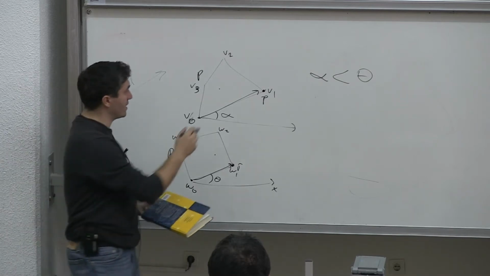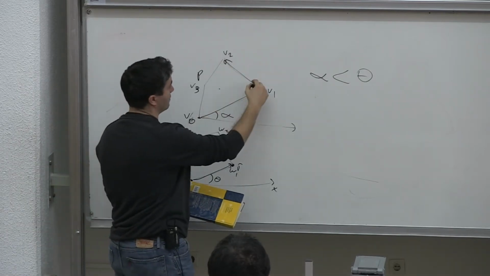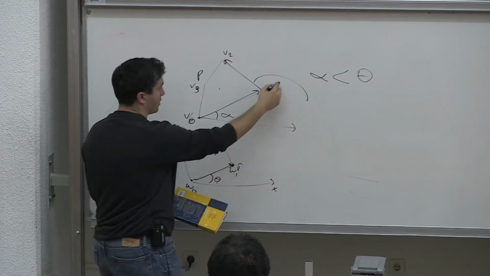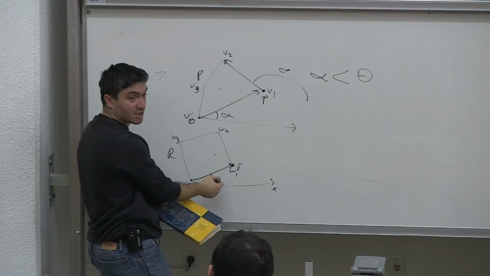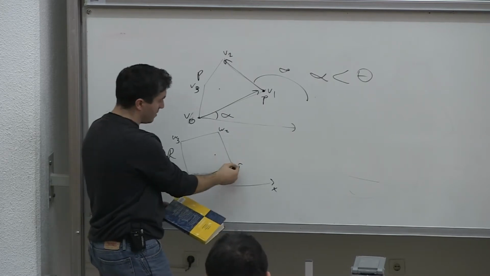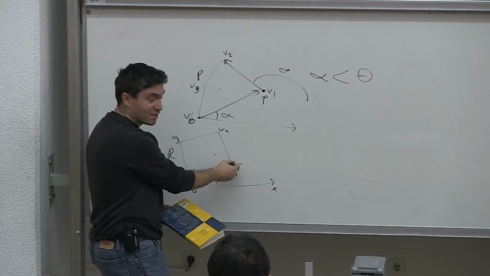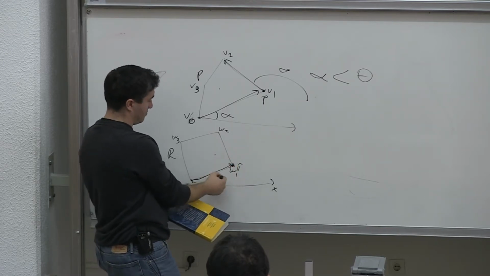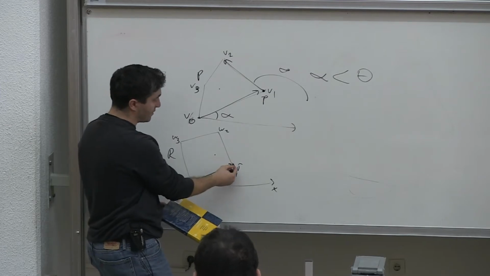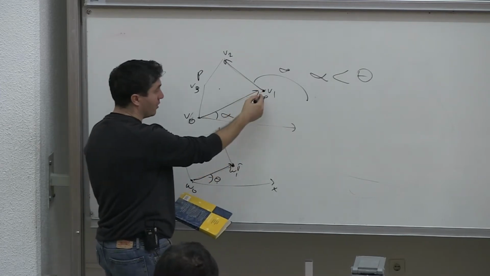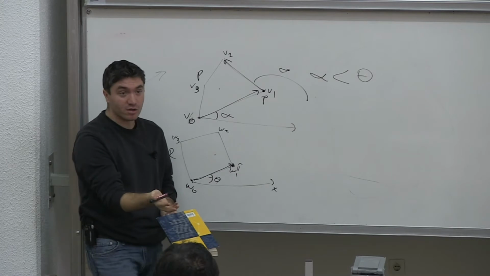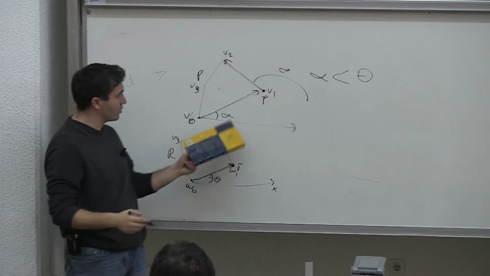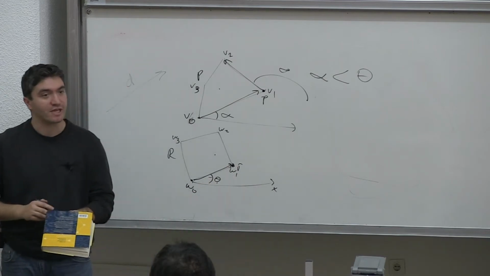We continue doing this. Then we compare this angle which makes with the x-axis with this angle. Now this is going to be alpha, and theta is going to be smaller, and then we proceed to the next vertex here. So we either go to the next vertex in this polygon or in this polygon, and if these two angles are equal to each other, we go to the next vertices in both polygons at the same time.